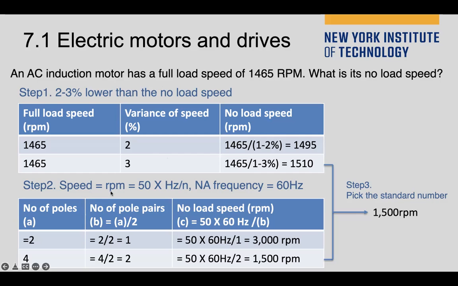The equation is speed, in terms of RPM, equals 60 times f over n. 60 is a constant, no matter whether you are located in North America, Asia, or a European country. But frequency may vary.